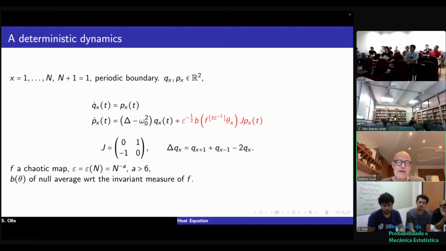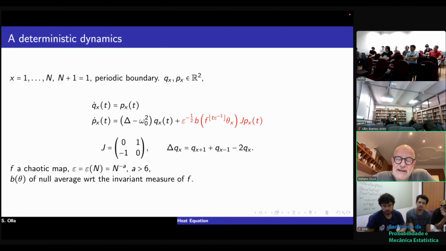So that you have a deterministic evolution, chaotic but deterministic, and somehow the deterministic chaotic part plays the role of the noise.